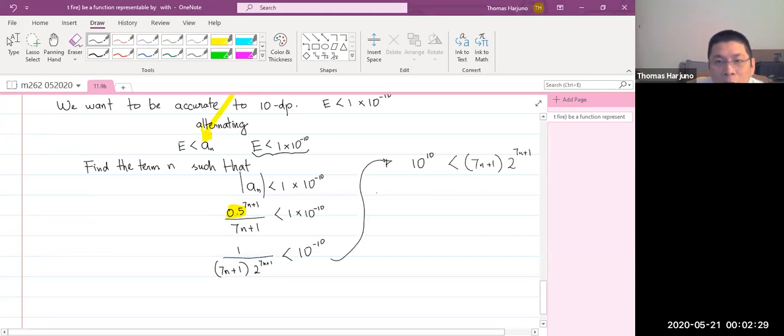Let's see. When n equals 3, this guy will be 7 times 3 plus 1 times 2 to the 22. That's 22 times 2 to the 22.